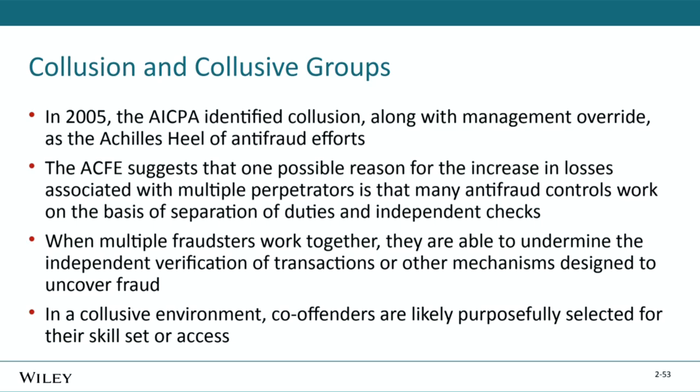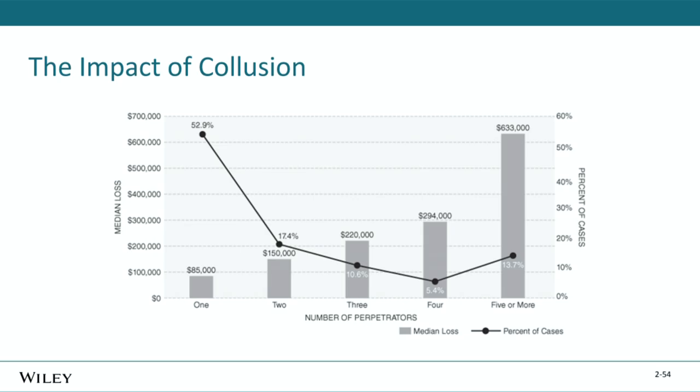Good stuff. There's our chart with the impact of collusion. Again, the median loss from that loner fraudster, $85,000. Half of the frauds are below, half are above. Two people, suddenly it jumps up to 150,000.